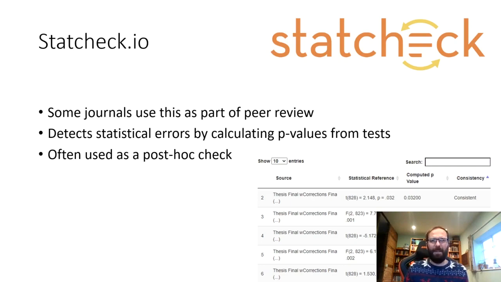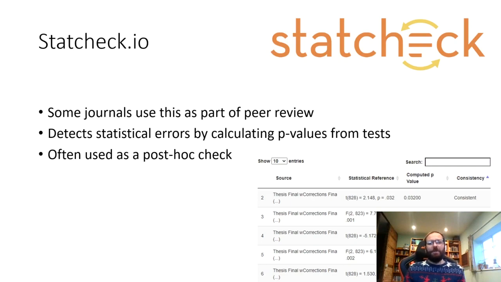So it typically does very basic things like t-tests and ANOVAs and correlations and these sorts of things. And what it does is it tries to recalculate from the values presented, and then looks at whether the p-values are consistent with the reported recalculation.